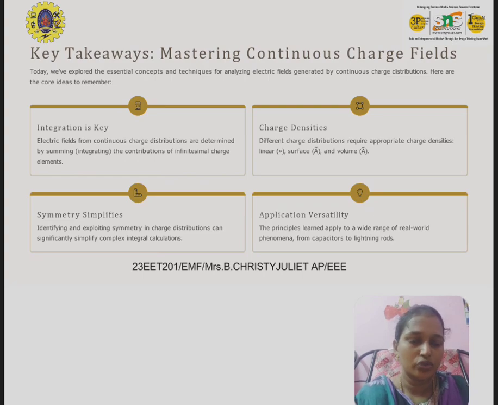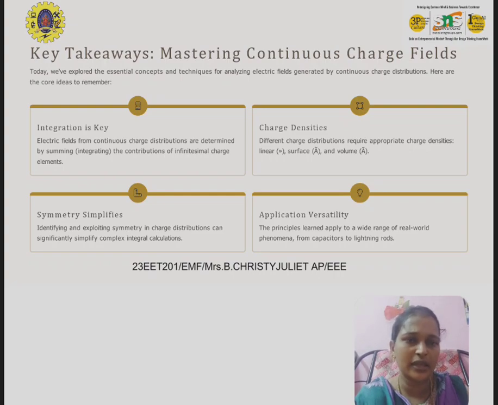So far we have discussed what point charges and continuous charge distributions are, and how the electric field intensity equation varies with these kinds of charge distributions. These principles can be easily understood by applying this knowledge to real-time phenomena, like what we discussed in the test cases, such as finding the electric field for the plates of a parallel plate capacitor, for a tungsten filament, or for any lightning rods.